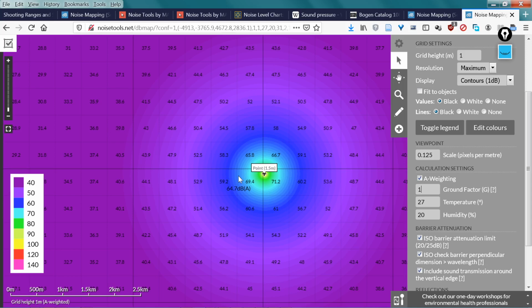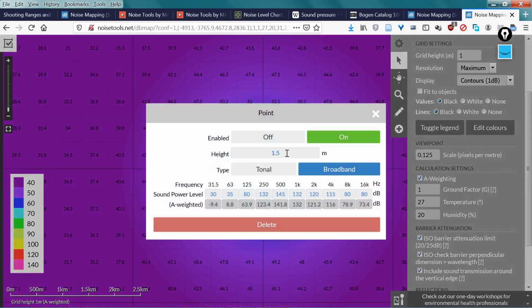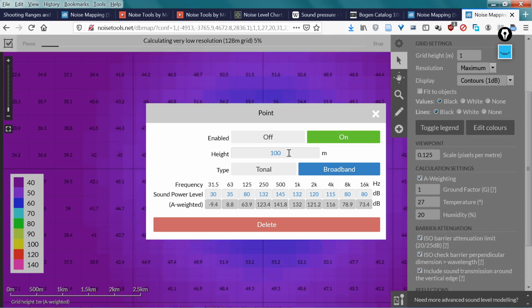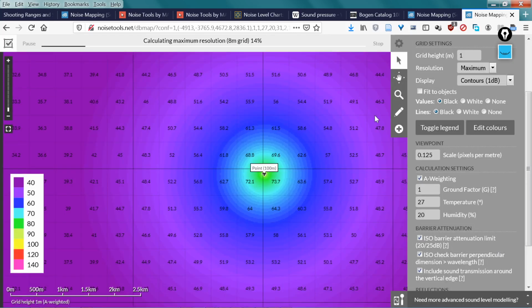And similarly, if we were to go up, and this is with A weighting, I think the other one was too, wasn't it? Anyway, if we were to go up to 300 feet, which would be 100 meters, oops, surprise. And this is something I wanted to show you anyway.